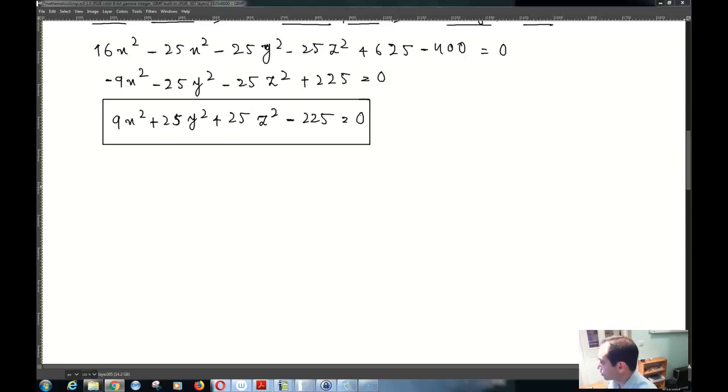9x squared plus 25y squared plus 25z squared minus 225 is equal to 0.